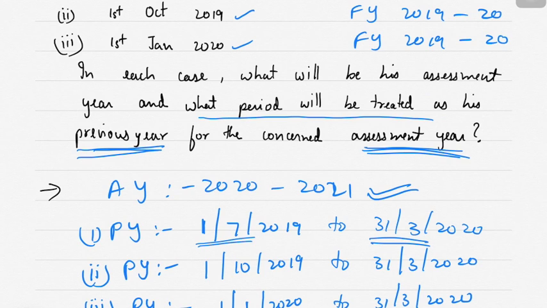So how you will write in the exam? In the exam, you will write like this.